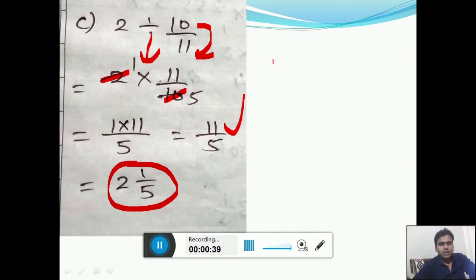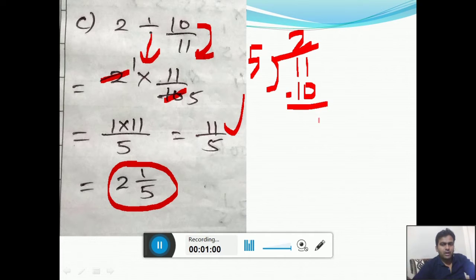And how we can change that also: write the 11 inside here. Now here you have to write 5. Now 5 1 is 5, 5 2 is 10. So write down 10 here and then subtract. So you get the remainder 1.